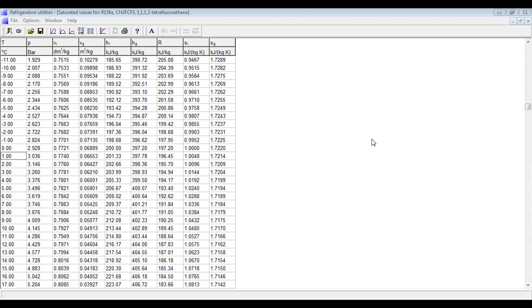So you direct this flow, and here there can be a cooling plate, for example.